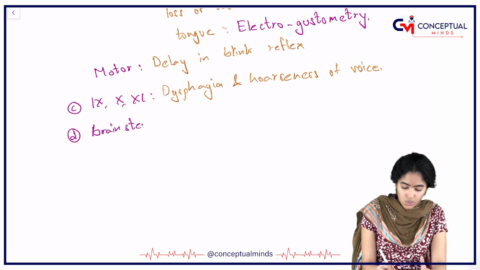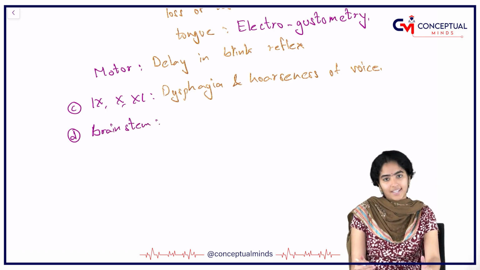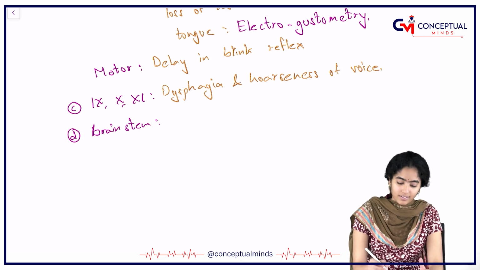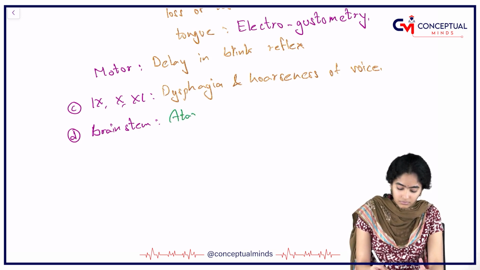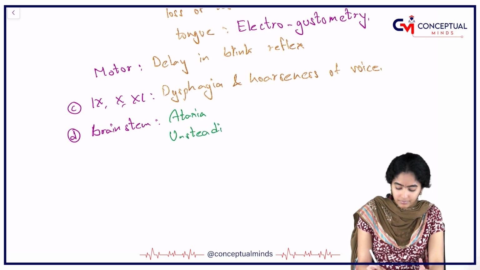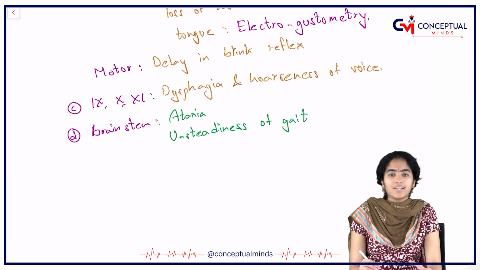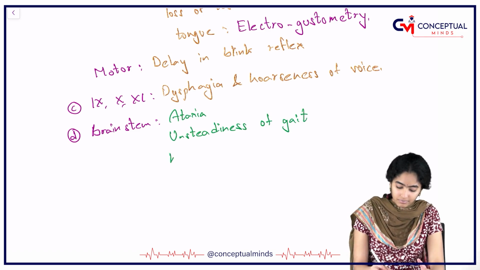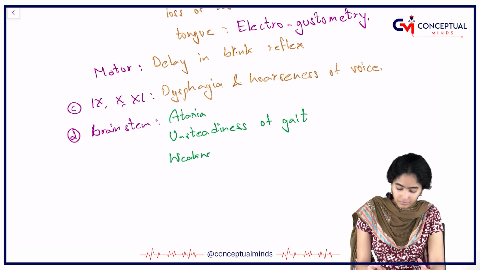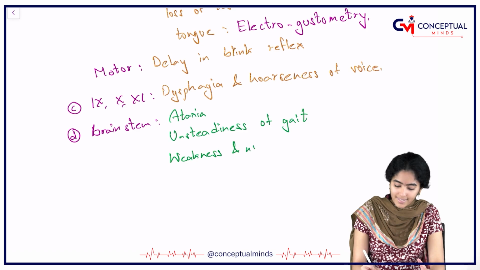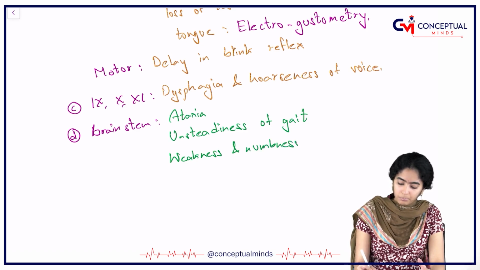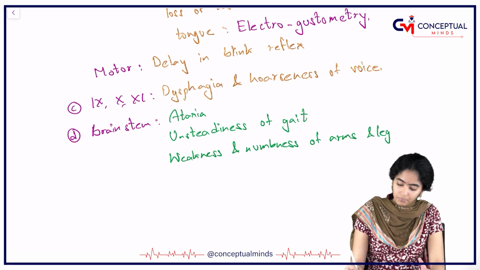So when it has grown so much, the features that we see are ataxia, unsteadiness of gait, and weakness and numbness of arms and legs.